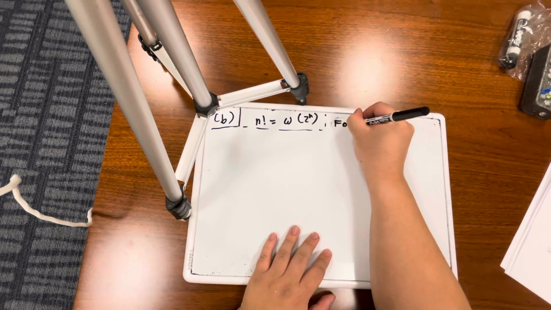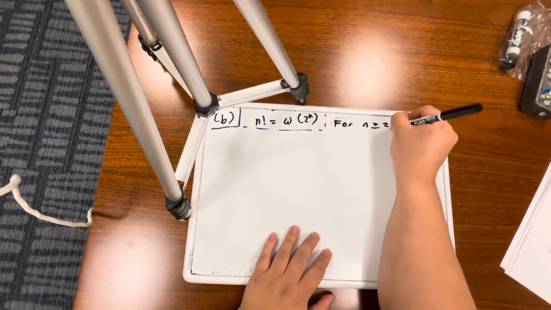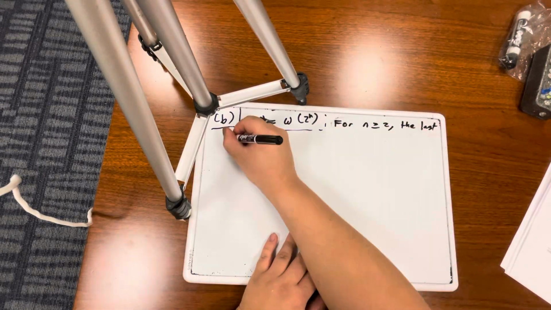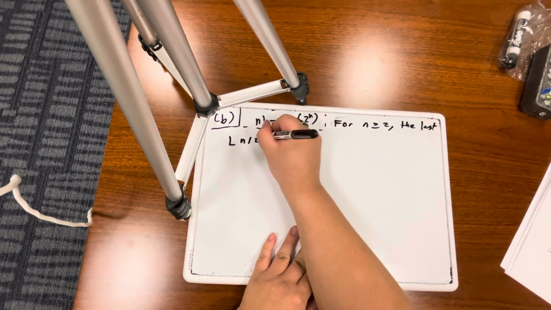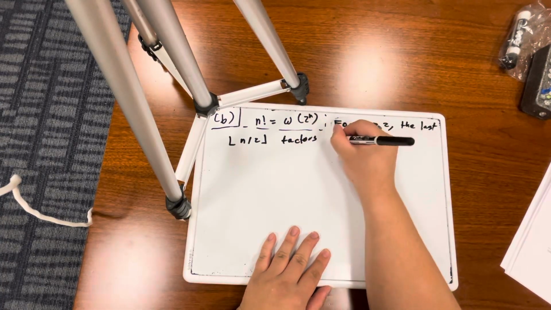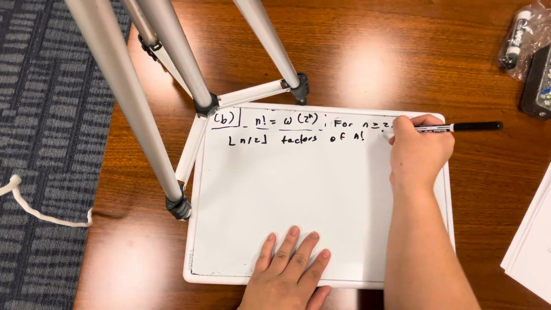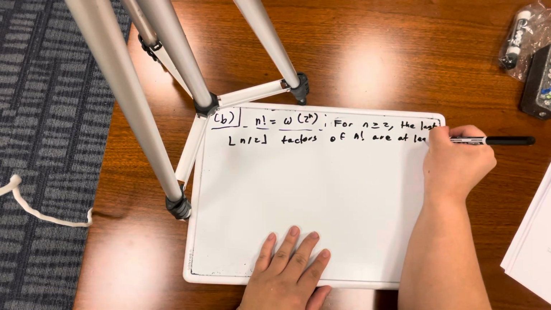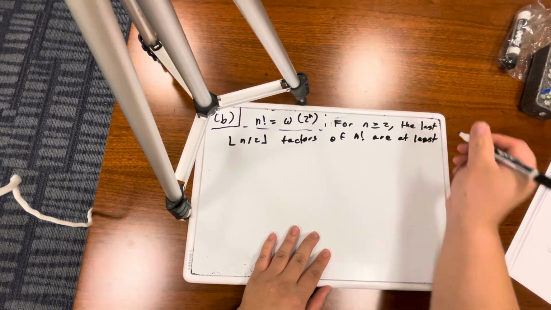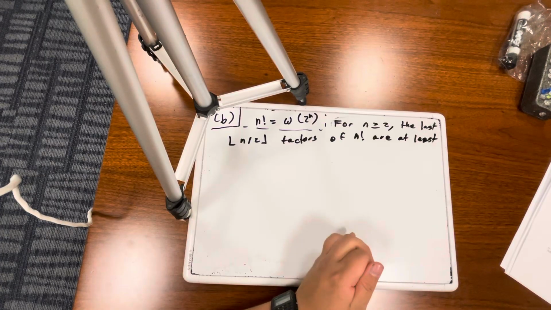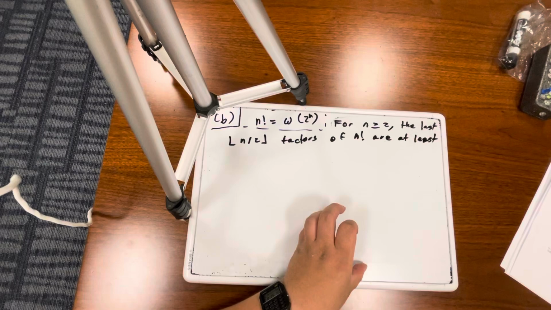So for n greater than or equal to 2, the last floor function n divided by 2 factors of n factorial are at least, that's the key. Because if you say there are at least these, that's only a bit of a step away from saying it.